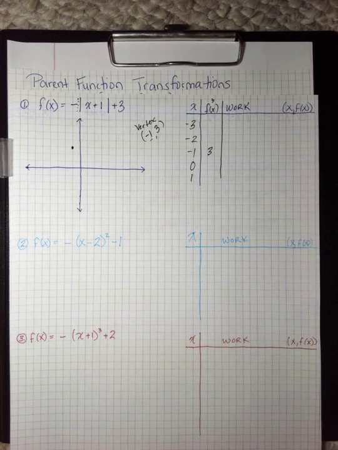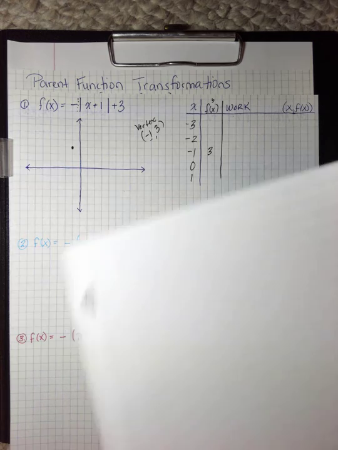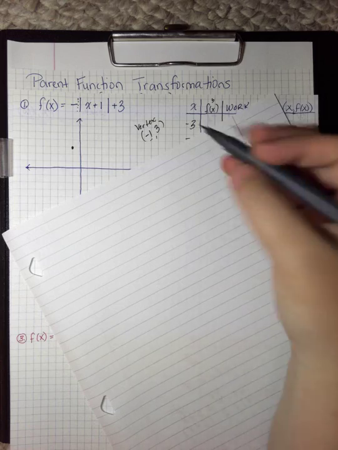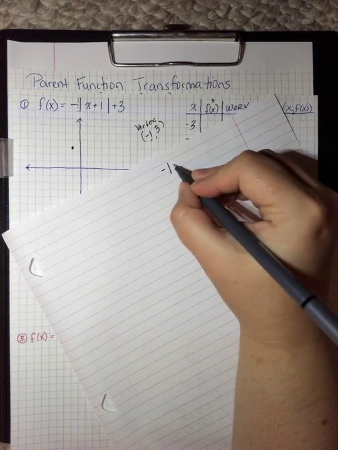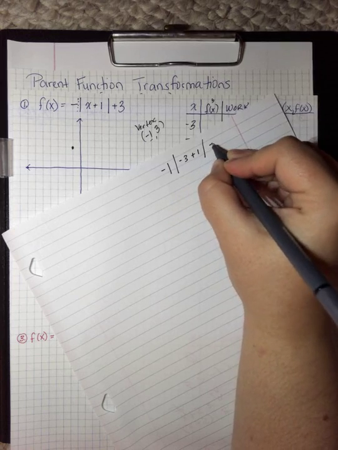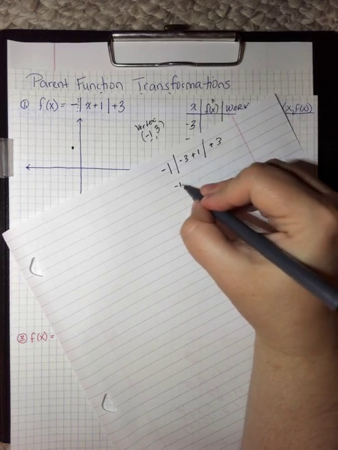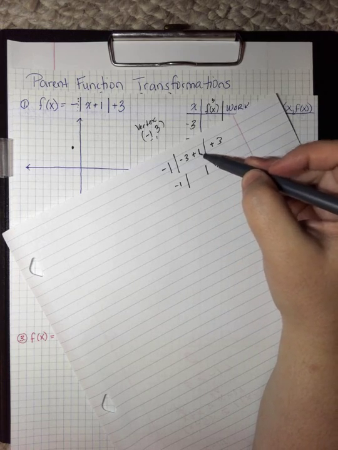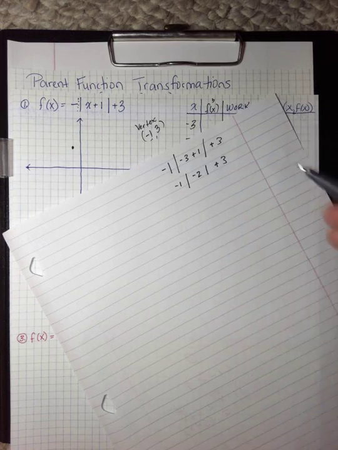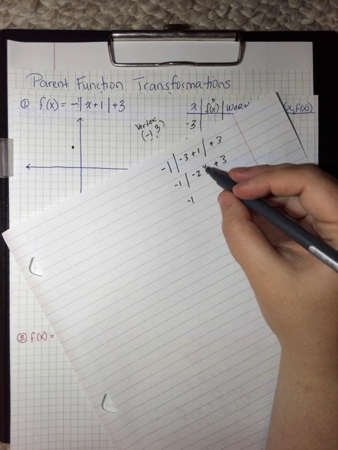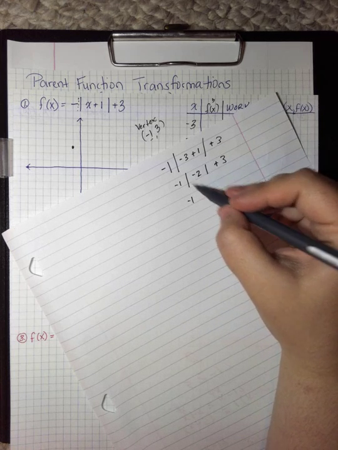Okay, I'm going to use some scrap paper here just to have more room to show you. If I plug in -3 for that x, I'm going to show some work here. PEMDAS says inside first, so -3 plus 1 is a -2. PEMDAS again says still work inside, and I have to keep working until I get rid of these bars.